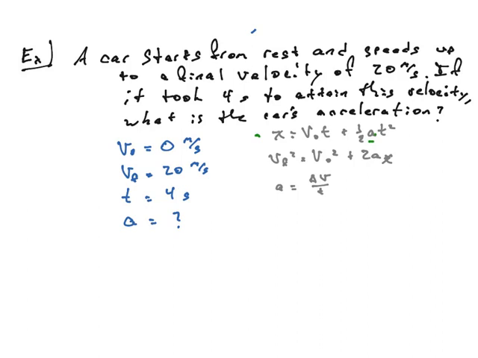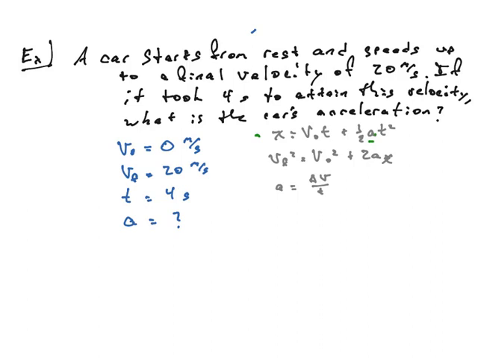The only other thing we need to know is if a is the thing I'm looking for, then every other variable in that problem I must know the number for. If I don't know the number for one of these variables, then there's 2 variables in my problem I don't know. And I know from algebra, you cannot solve a single equation with 2 unknowns. So the only way I'm going to be able to use this equation is if I know all the variables except for the one I'm looking for.